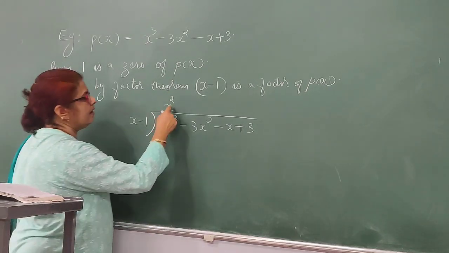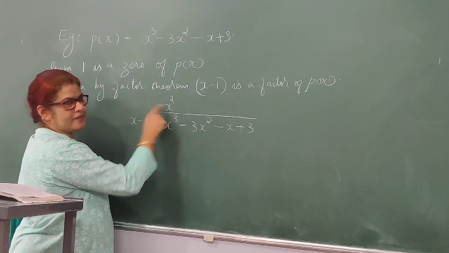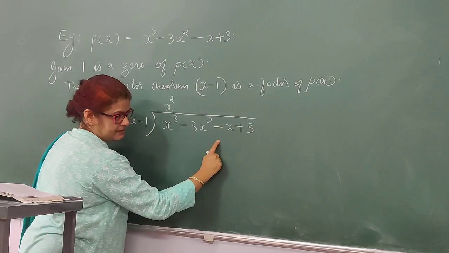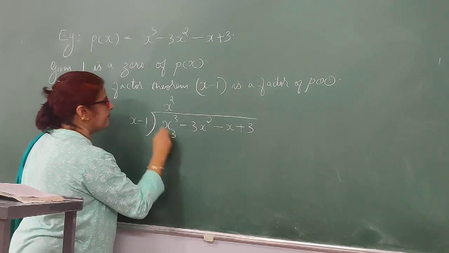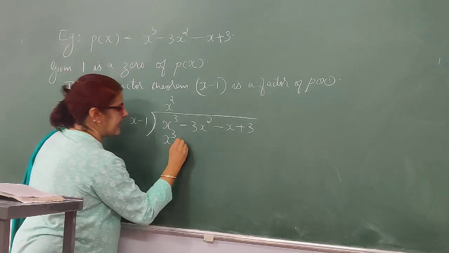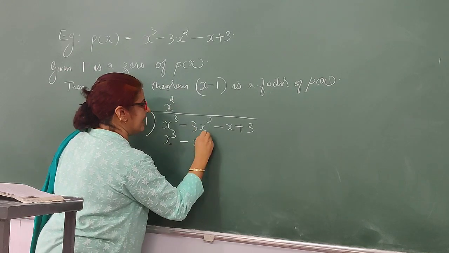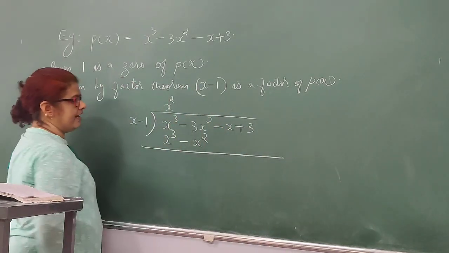As usual, after getting the quotient, we multiply this quotient by the divisor and write here. Then x squared into x is x cubed. Here the sign in between is minus, 1 into x squared is x squared. The first step is over.